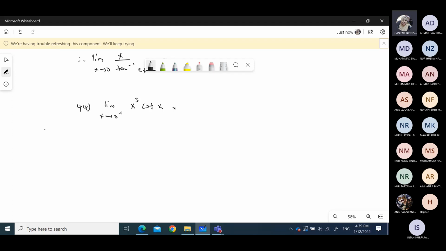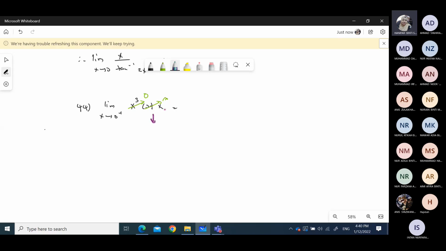So kalau you tengok yang ini, x cube, x approaches 0 is 0. So cotangent x is, ni cotangent x apa? X to 0, cotangent 0. Apa jawapan dia? Infinity. Infinity. Okay, so mana yang tak tahu macam dapat infinity tu?